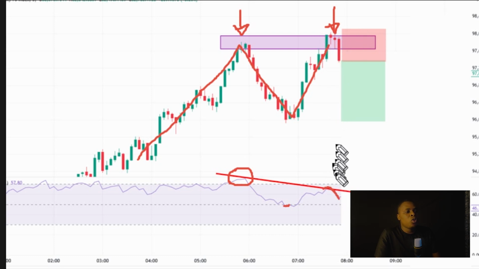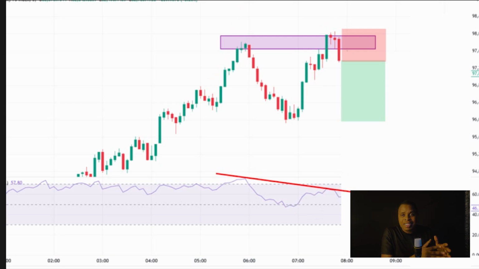And if you look at this zone right here, this zone is lower than this zone, which means there was more buying pressure at this point, but the sellers managed to push the prices down. Now there's less buying pressure, which means sellers are likely going to also be able to push the prices to the downside, right? So you are going to place this exact same sell trade that you can see right here, right?